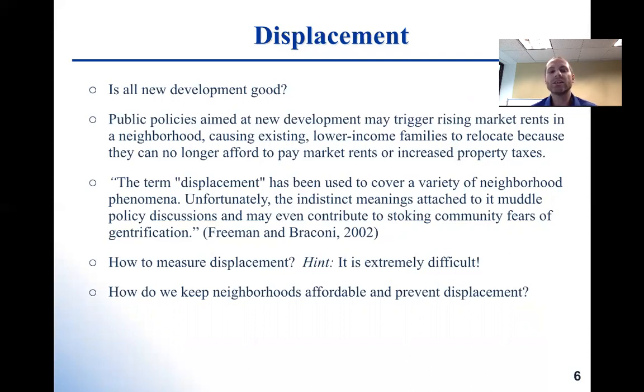And so the question is, will these public policies, often enacted by local leaders, have some unintended negative outcomes besides the expected positive economic development and economic growth outcome?